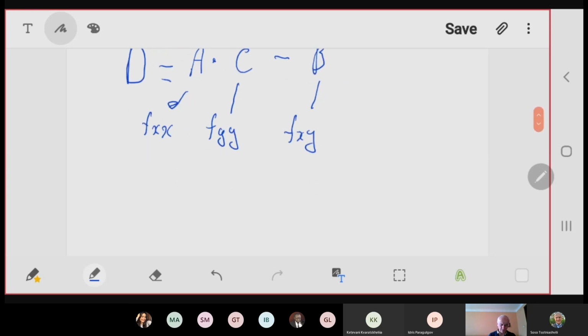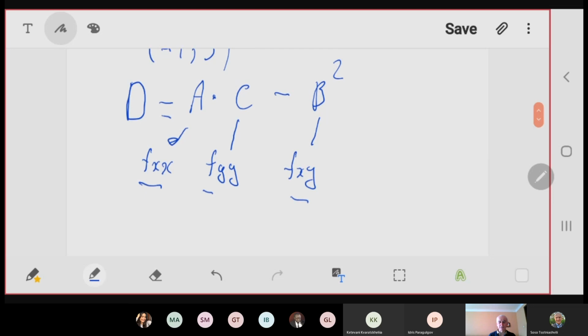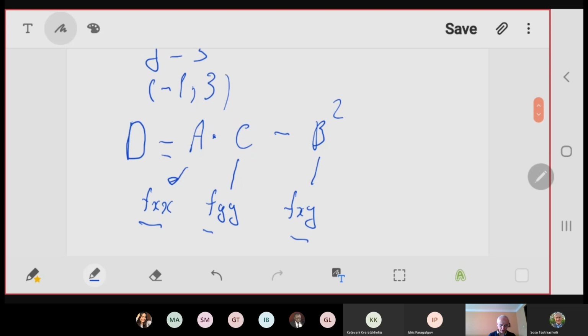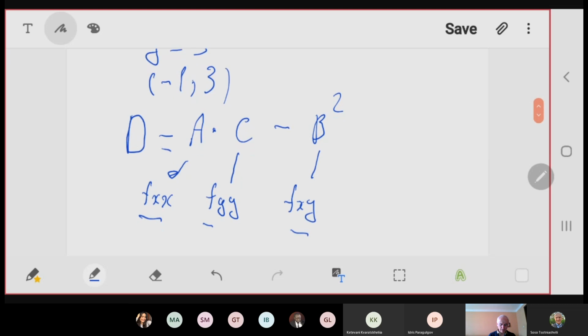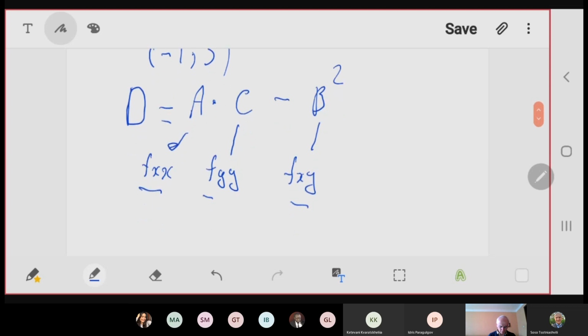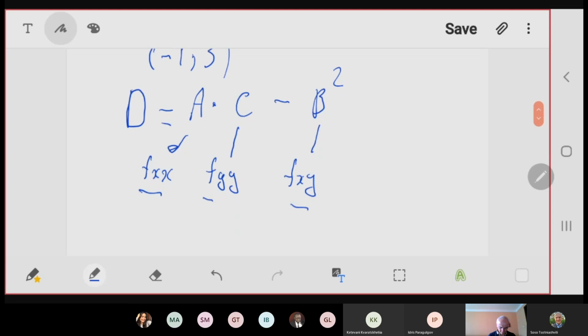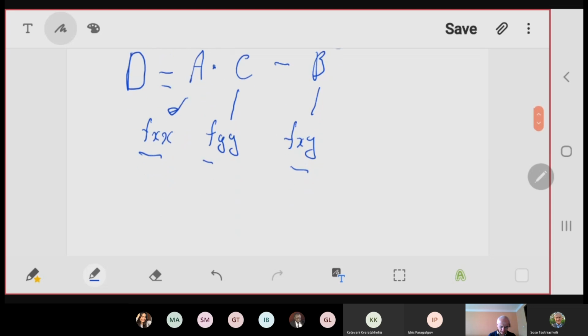So our next step now is to find these partial derivatives and then replace x and y by our critical point. And our critical point here is (-1, 3). So this A, okay, I will write it more clearly.